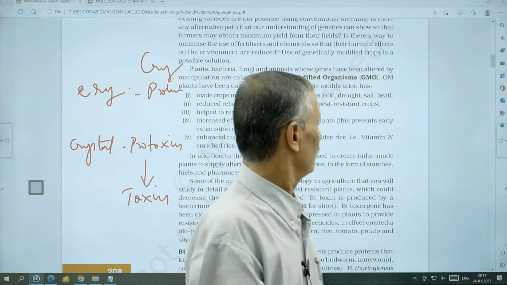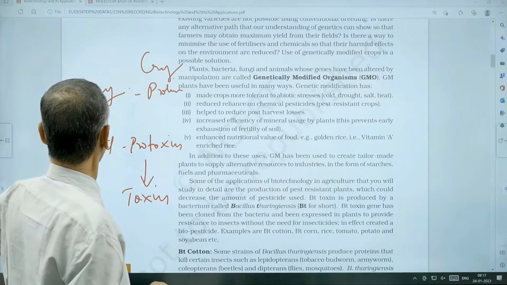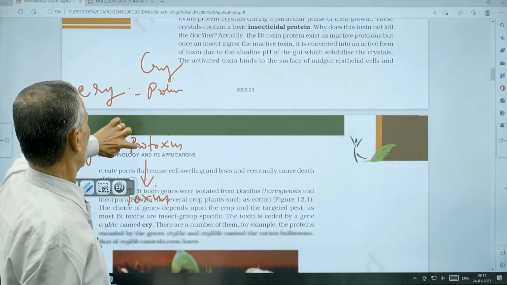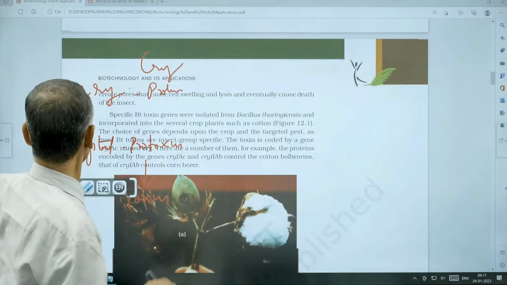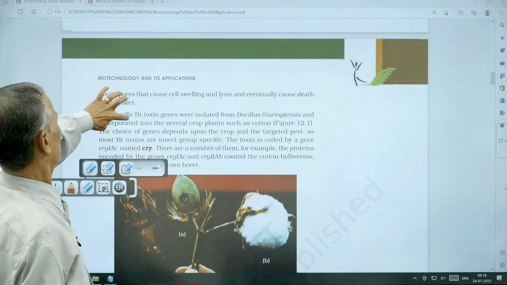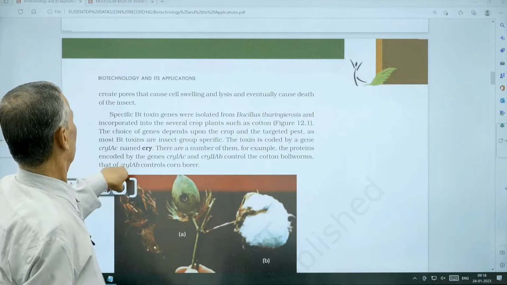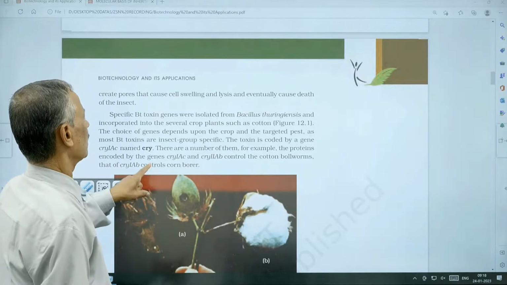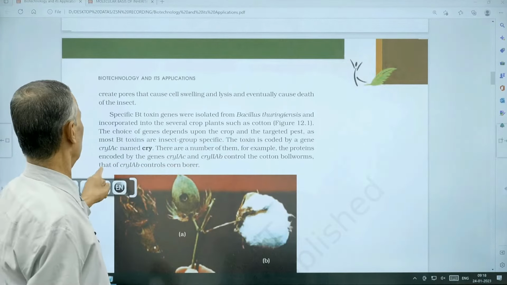Clear? We are having a number of such crops where we are having cry 1 AC, cry 2 AB, controlling cotton bollworm.